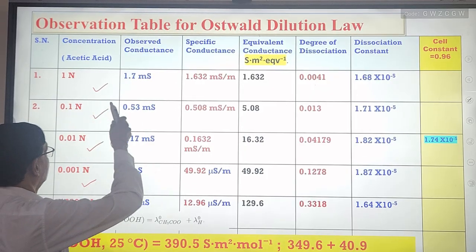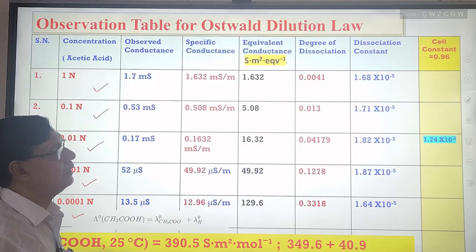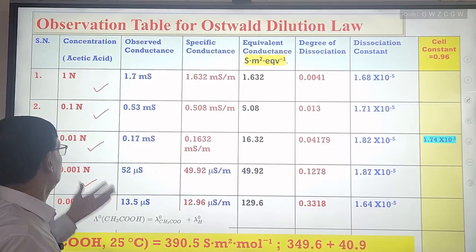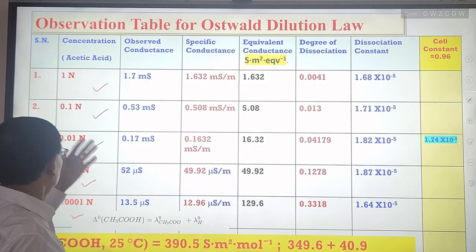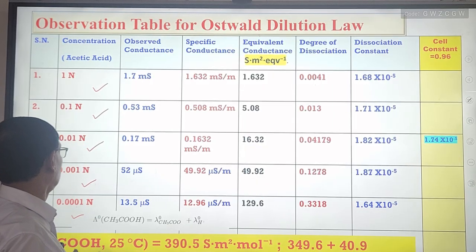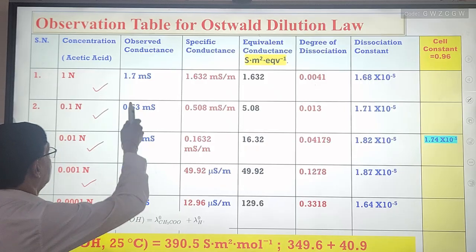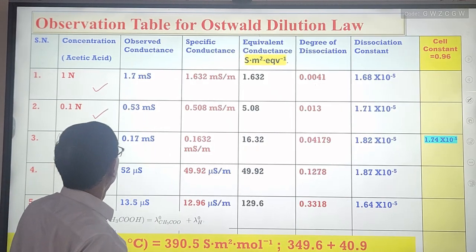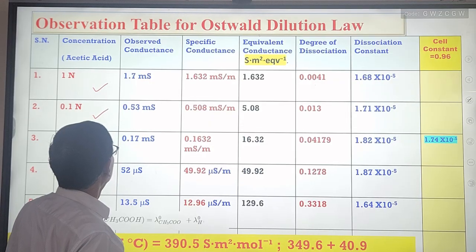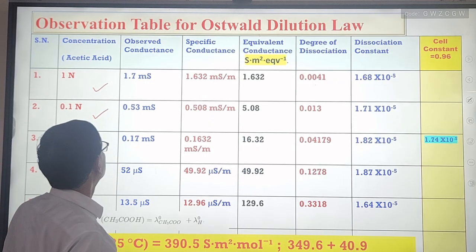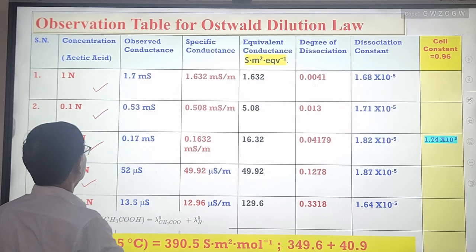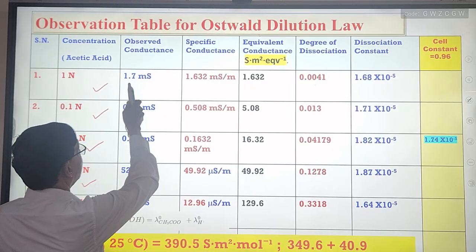In the first case, because acetic acid's molarity and normality, molecular weight and equivalent weight are the same, there is no problem. You can write 1 mole, 0.1 mole. In the first case I am getting around 1.7 millisiemens. Then for another solution it is 0.53. I think it must be 70.